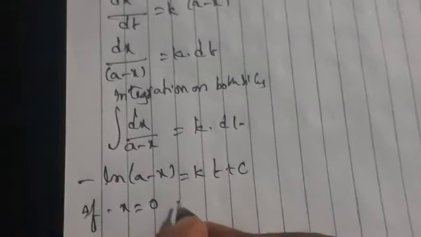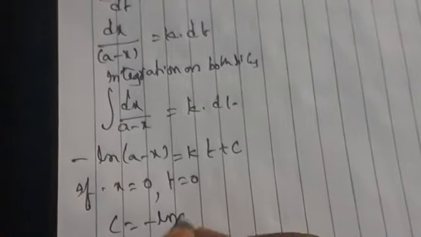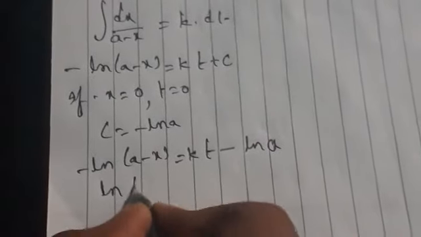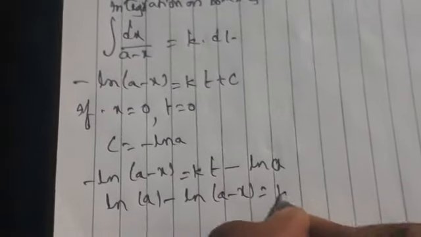If x is equal to 0 when t is equal to 0, then c is equal to minus ln a. So by substituting this value, you will be getting minus ln (a minus x) is equal to kt minus ln a. So if this is rearranged, ln a minus ln (a minus x) is equal to kt.